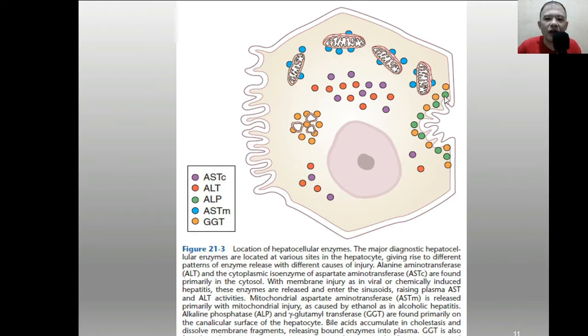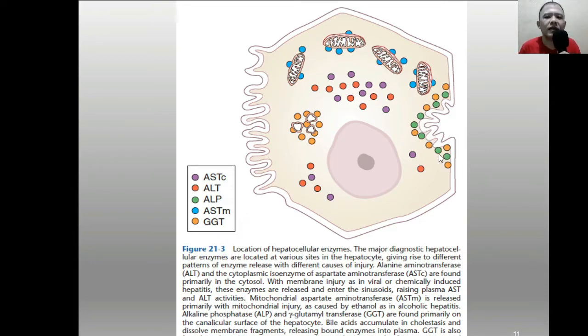So on the biliary side, or the canalicular side, you also have the ALP, the alkaline phosphatase, and GGT, the gamma glutamyl transferase, being produced on that side.